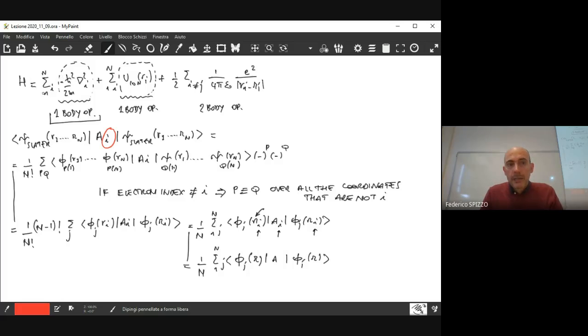The summation over all possible values of i gives us n times exactly the same contribution, because at the end we lose memory of the coordinate due to the fact that the actual expression of the operator does not change if we change the index. The only thing that changes is the coordinate.